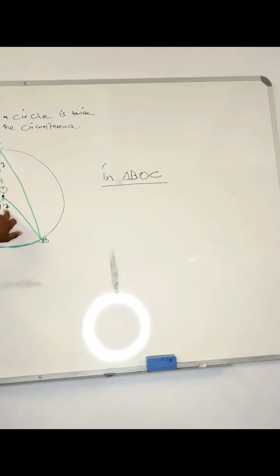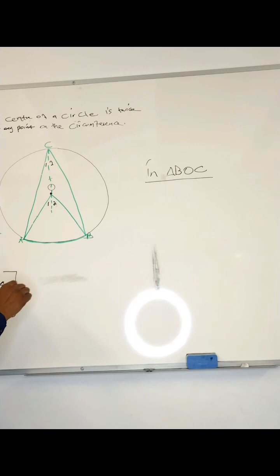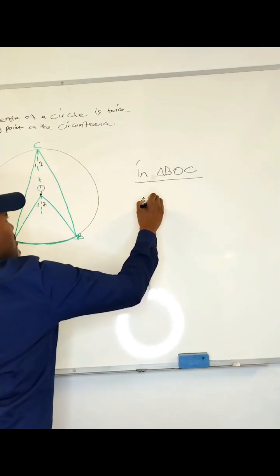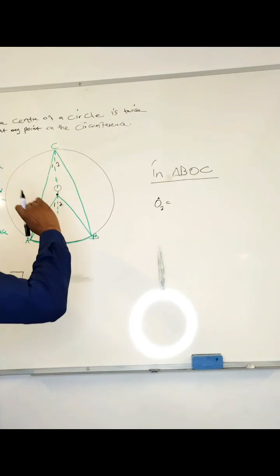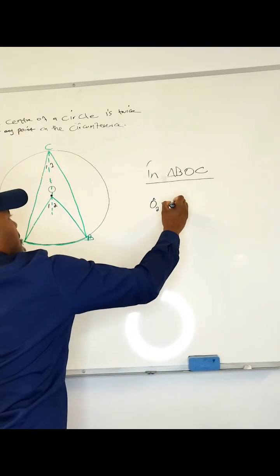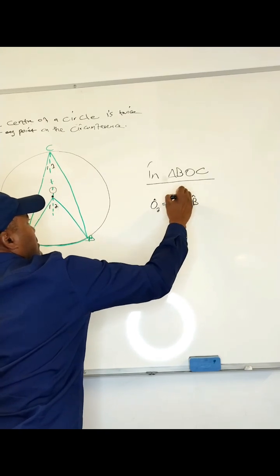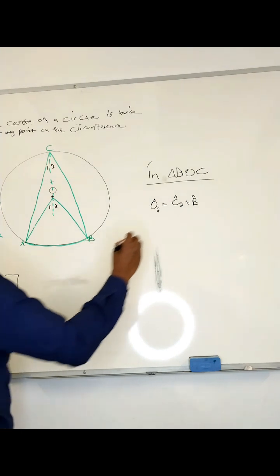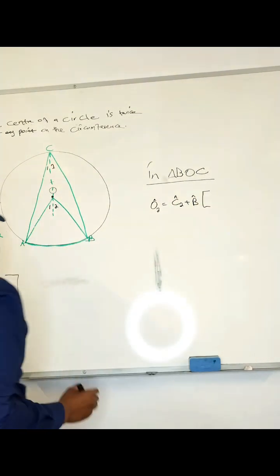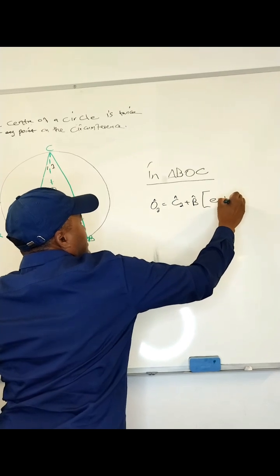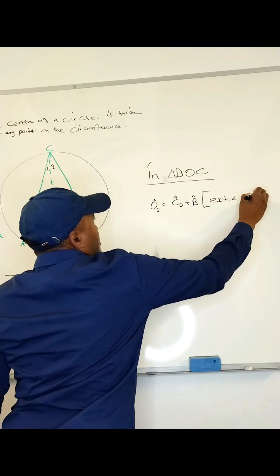We have got O2 as an exterior angle of the whole triangle. So angle O2 is equal to angle C2 plus B. What is the reason? The reason is the same: exterior angle of a triangle.